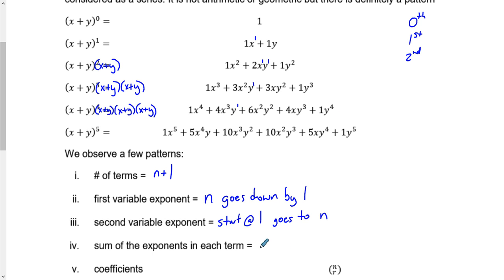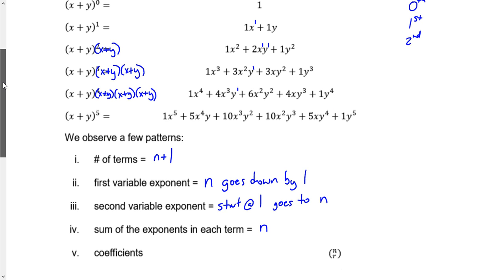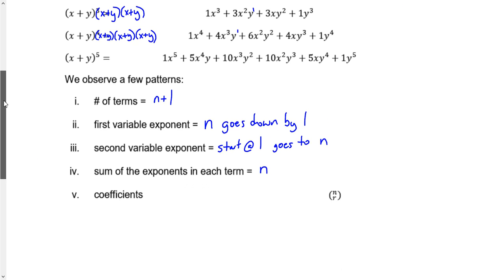You'll notice that the sum always comes up to n. So in this last term, which is x plus y to the power 5, the sum of every single term, or those exponents, always goes up to 5. Now, it is special or dependent on the binomial, but we'll talk about that in a second.